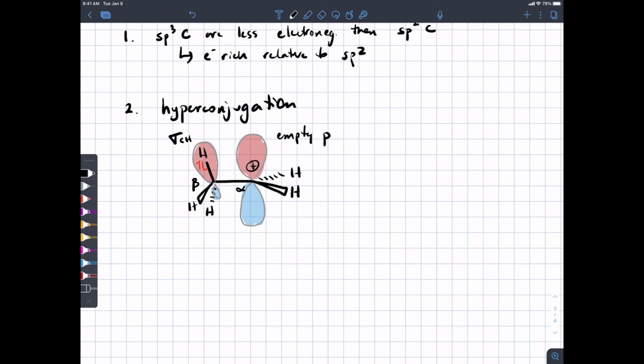All right. It's very much like what we did before with hyperconjugation in the alkyl halide, only the empty orbital in this case is the p orbital instead of the sigma star. But the same principles apply.